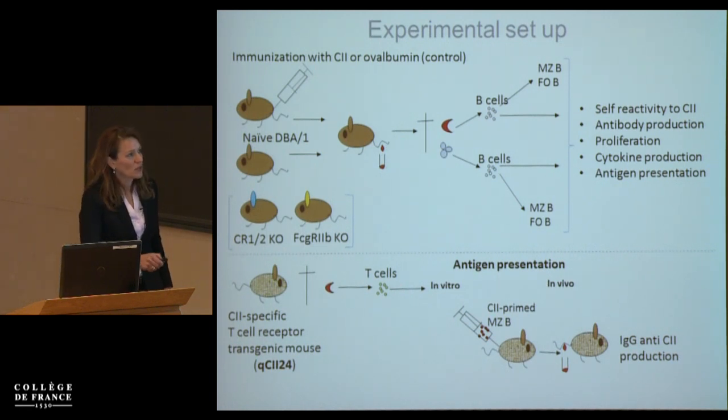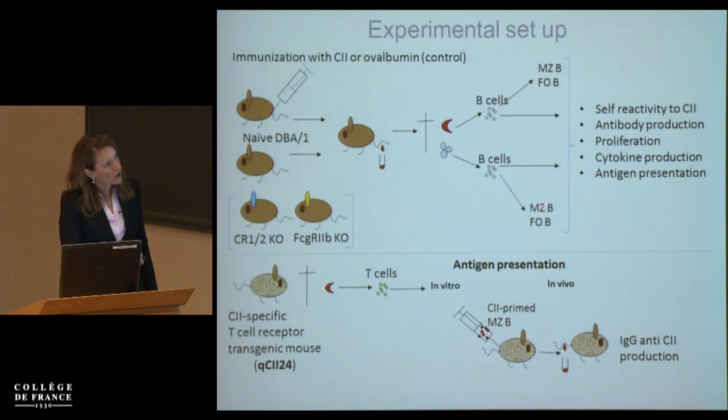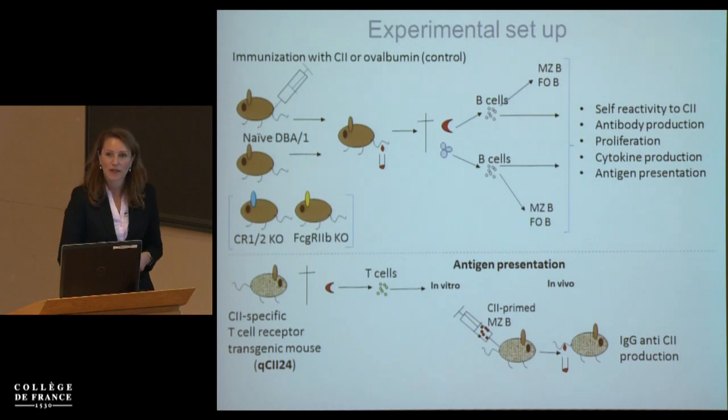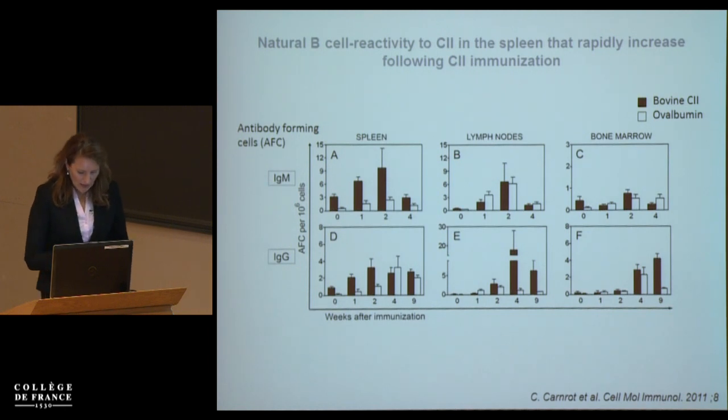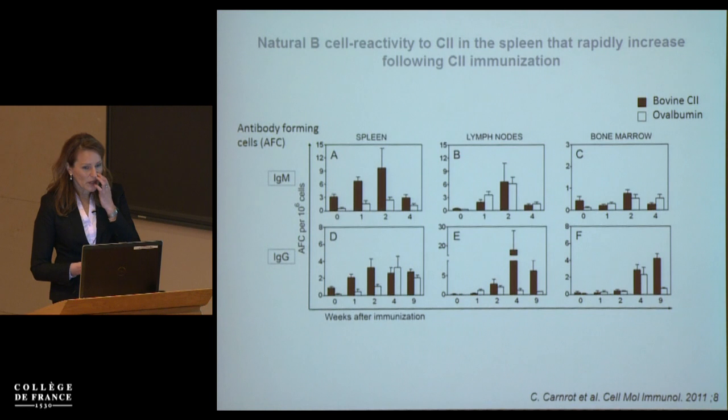We have also used this type of system in vivo. That means you take these collagen-primed cells and introduce them to these naive mice, and hope that these marginal zone B cells might be able to present the antigen to the T cell. Then we measured antibodies to collagen in these mice, specifically IgG antibodies, since this depends on T cell response.